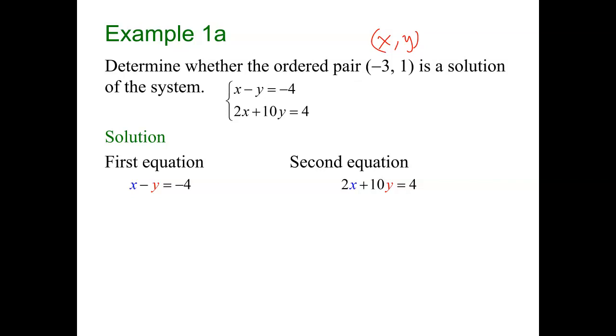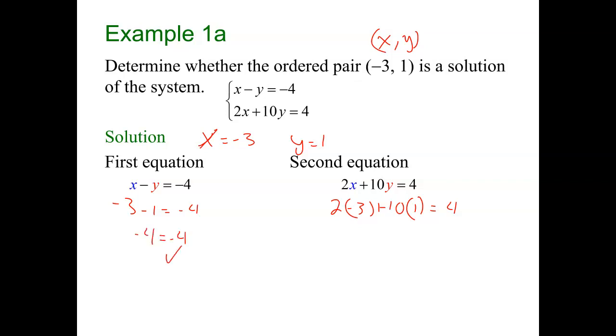So x is -3, y is 1. We're going to substitute it in. -3 minus 1 equals -4. And 2 times -3 plus 10 times 1 equals 4. We need to see if that is true. Is -3 minus 1 equal to -4? Yeah. Okay.